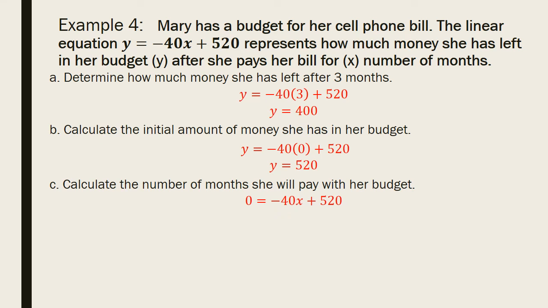And when we do that, we have to subtract 520 from both sides, which is going to make me end with negative 520 equals negative 40x. And by dividing by negative 40, I'm going to end up with x equals 13. So Mary is going to be able to pay for 13 months using the $520 in her budget.